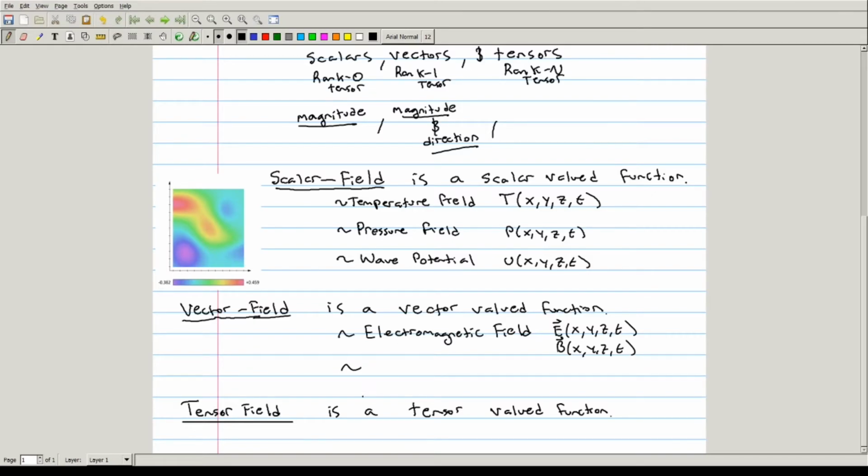As another example, consider the fluid flow field. In fluid dynamics, there is the fluid flow velocity field, where at every given point you can talk about the flow velocity or the flow speed.